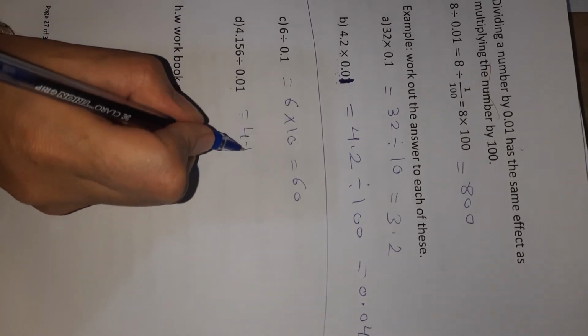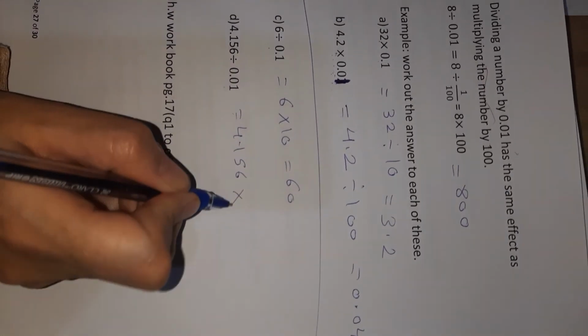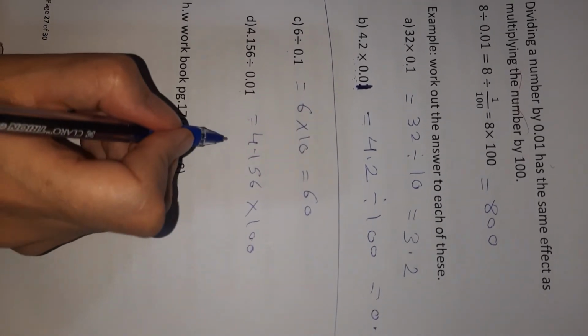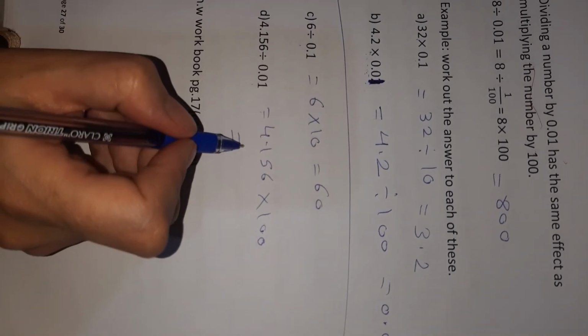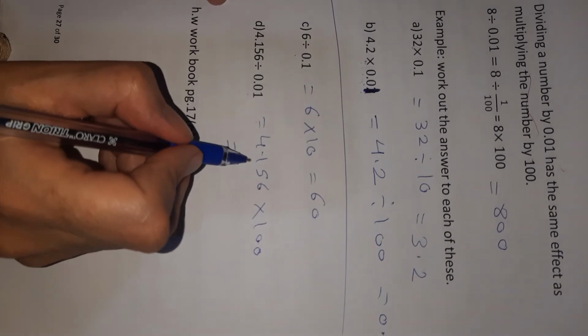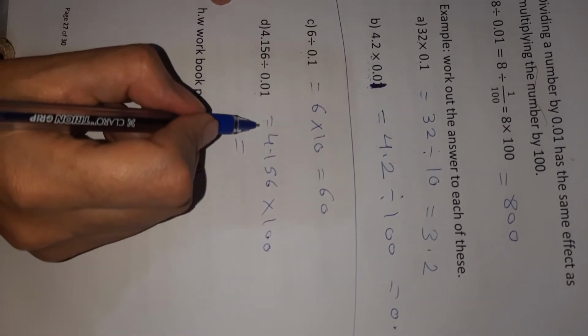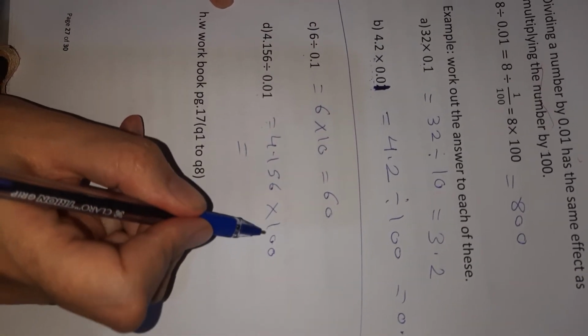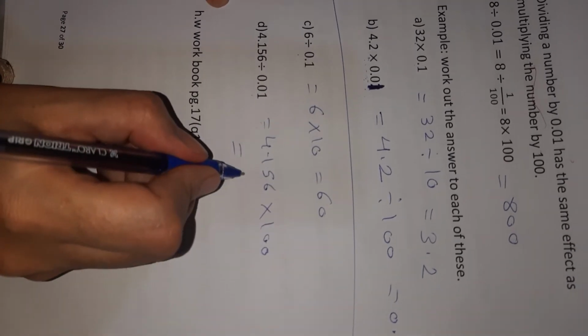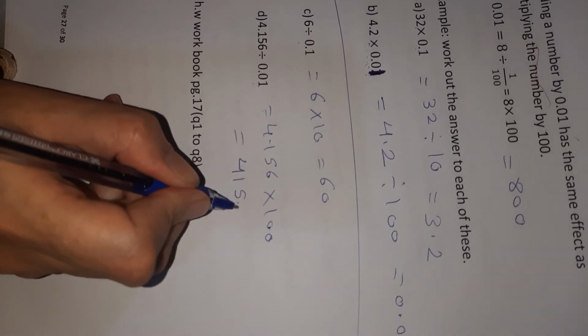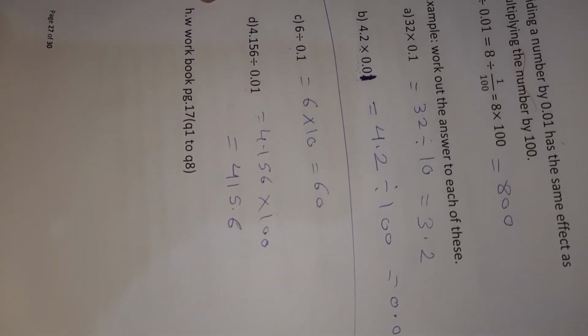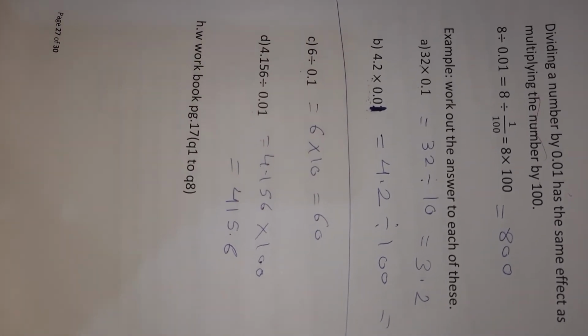So here we have 4.156 times 100. Times 100 means move the point from left to right 2 places, because of 2 zeros. So the answer is 415.6.